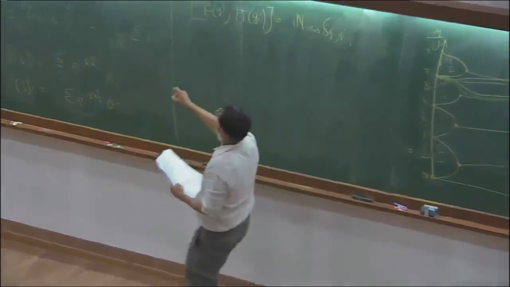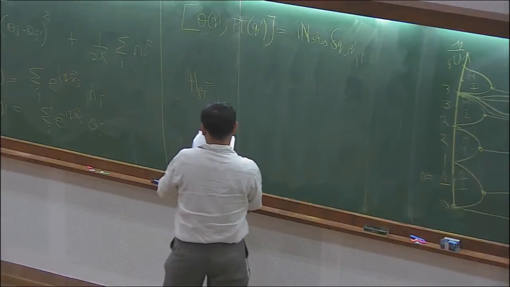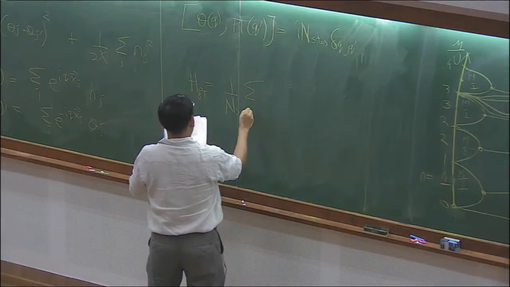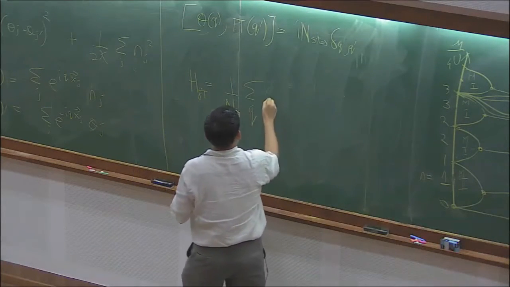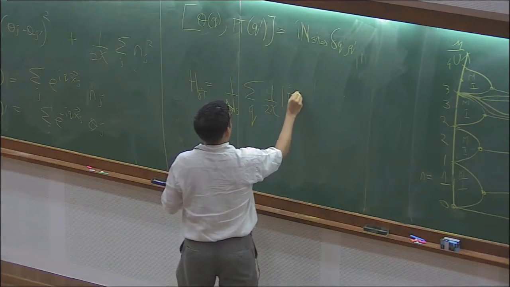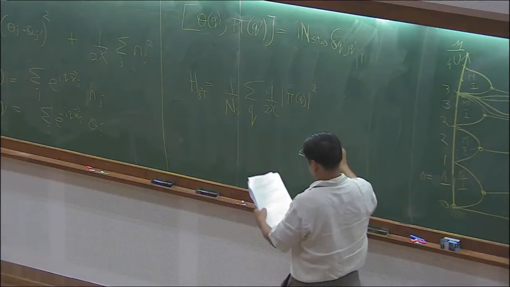And the linearized guy in Fourier language, Fourier transformed, looks like 1 over n sites, sum over q, 1 over 2 kappa mod pi q square. This is an operator still, don't forget.